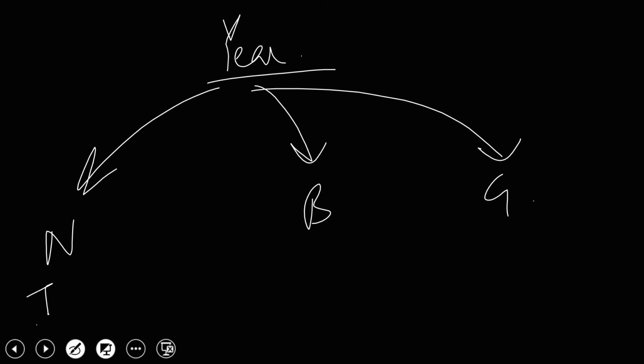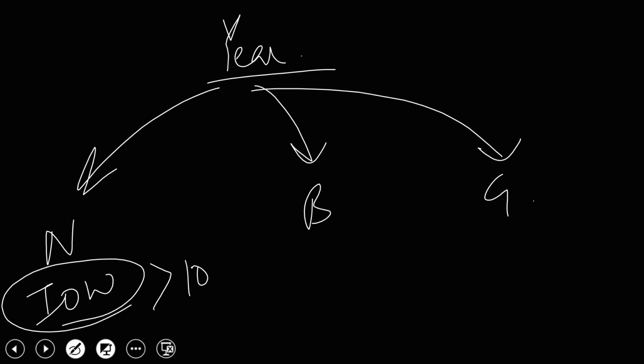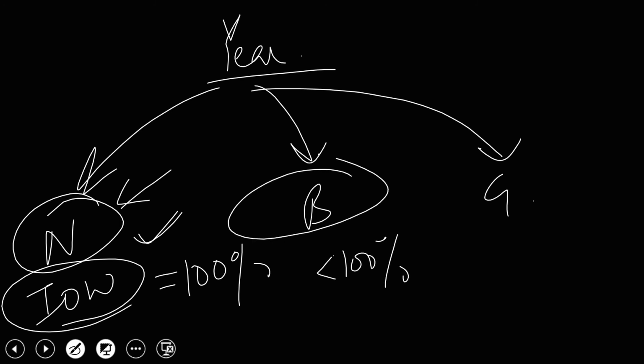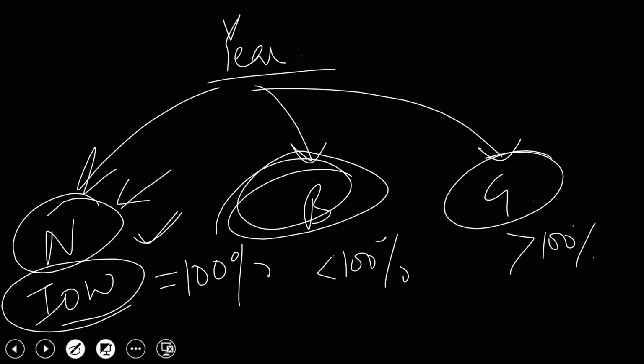Now depending upon the index of wetness, since we are talking about normal, if our index of wetness is equal to 100%, it is a normal year. If it is less than 100%, it is a bad year. And in case it is greater than 100%, it is a good year.